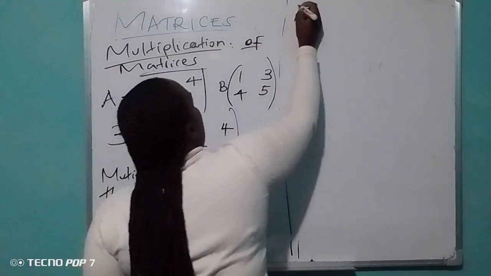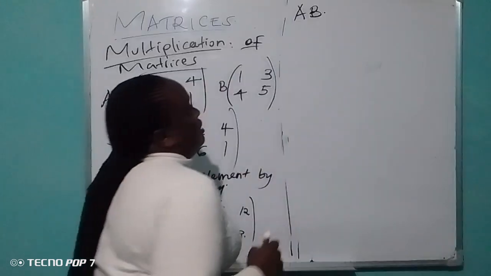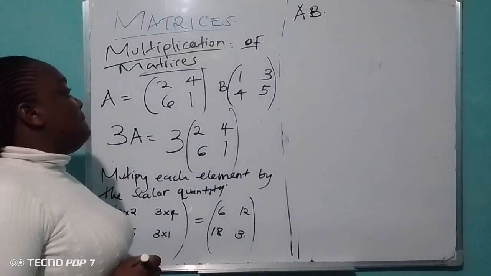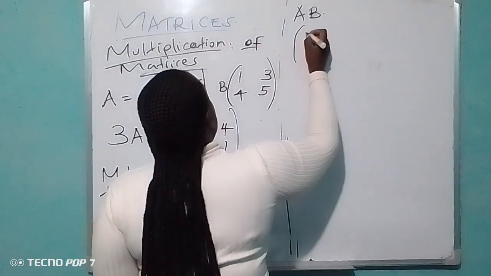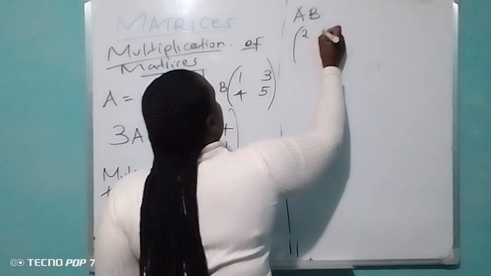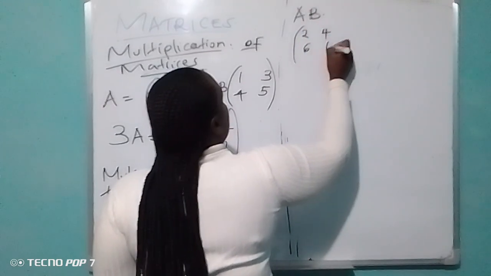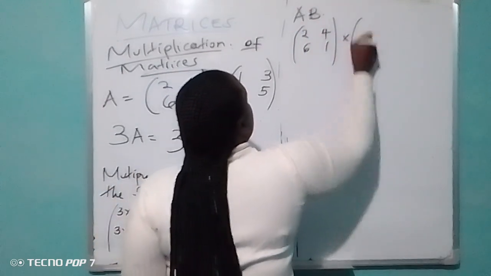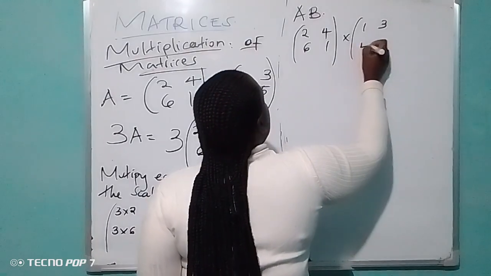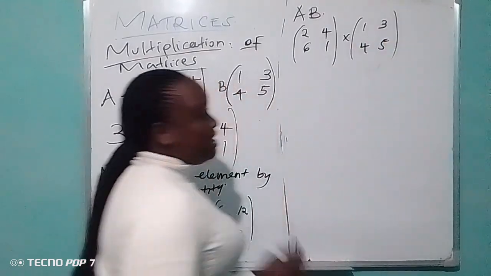A times B equals A, 2, 4, 6, 1, times 1, 3, 4, 5.